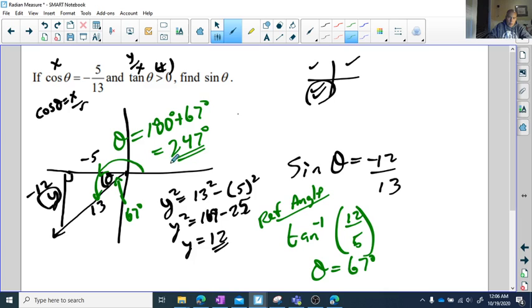If you went the other way, it'd be negative 180, but there's 67 cut out of the corner, so it could also be negative 113. Negative 113 degrees would also be in the same place. Remember, the name for that is coterminal.